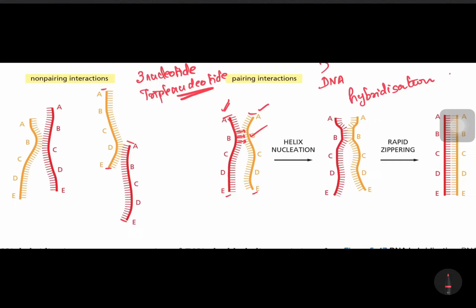Sometimes it will pair correctly, it will go for the zippering method, and it will hybridize, that is the two different single strands will bind and form a double helix. But sometimes it won't work out, the first and the second will not pair, there won't be any matching nucleotide sequence, and hence it is a non-pairing interaction. If pairing has occurred, it is called the DNA hybridization method.